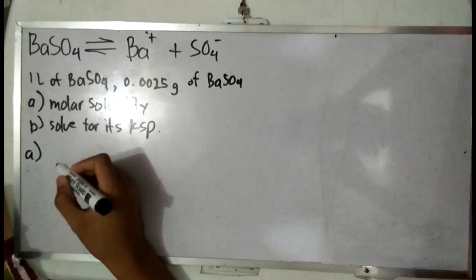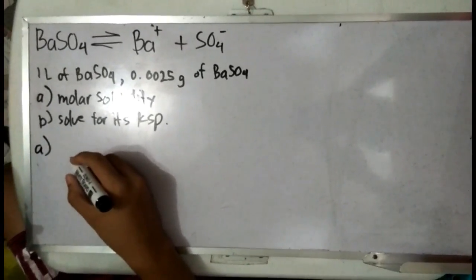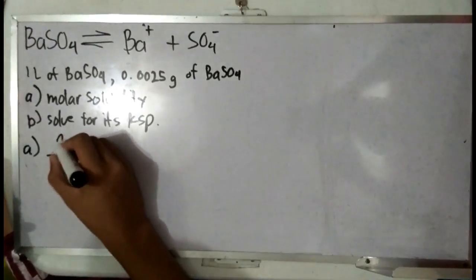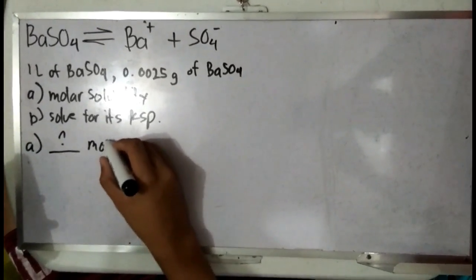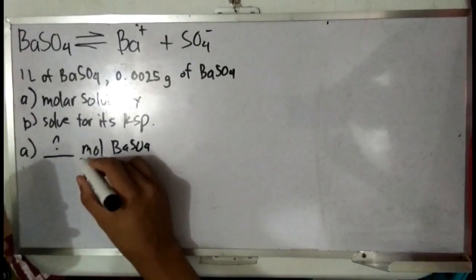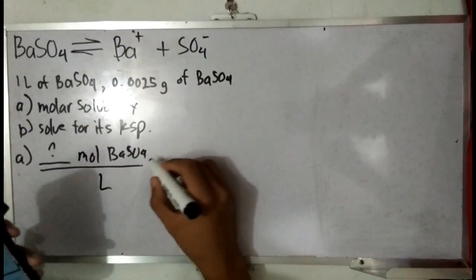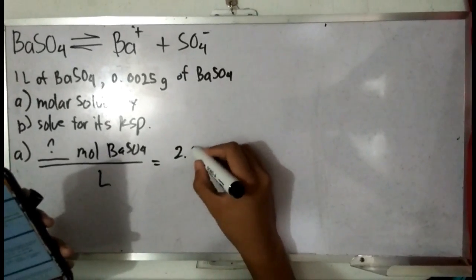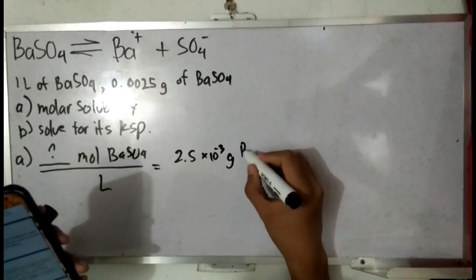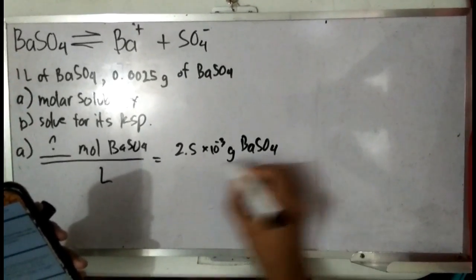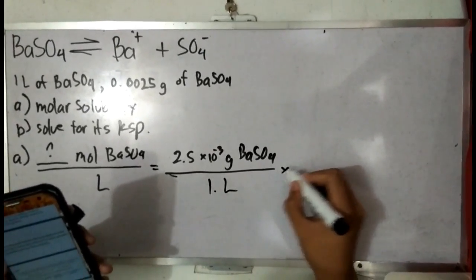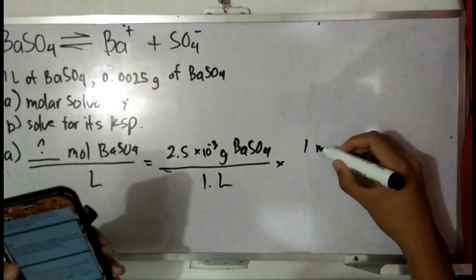To solve for the molar solubility of barium sulfate, we would need to convert the given 0.0025 gram of dissolved barium sulfate to molarity. To find its molarity, we will divide 0.0025 grams of barium sulfate by its molar mass, which is 233 grams per mole.